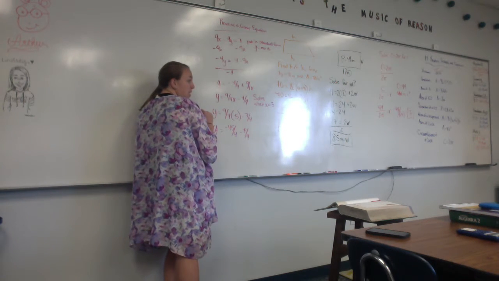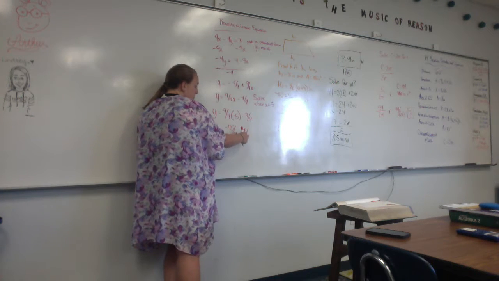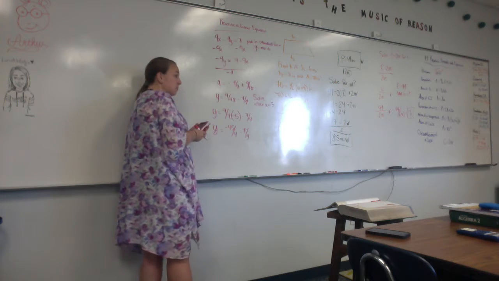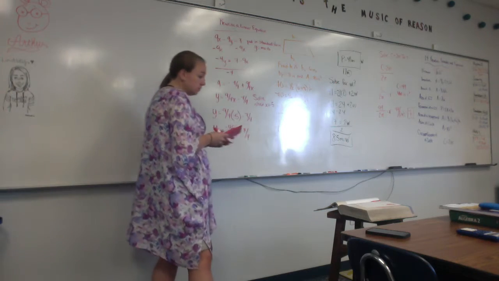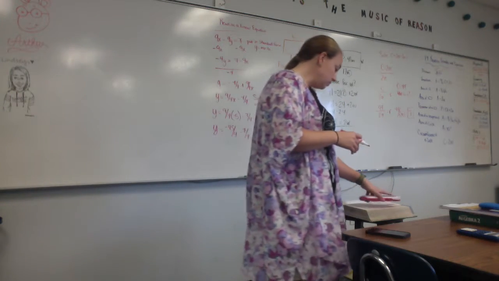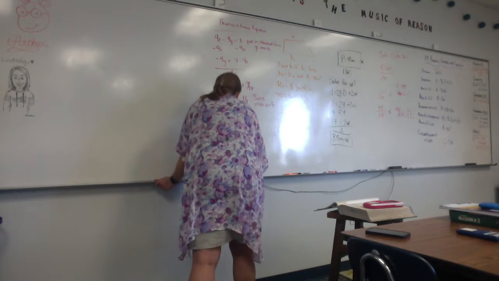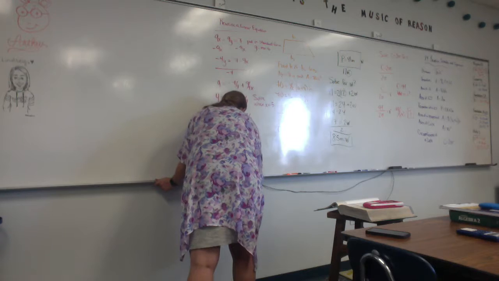Do they have the same denominator? Yes. So what is negative 45 minus 7? Negative 52. So I end up getting y equals negative 52 fourths.